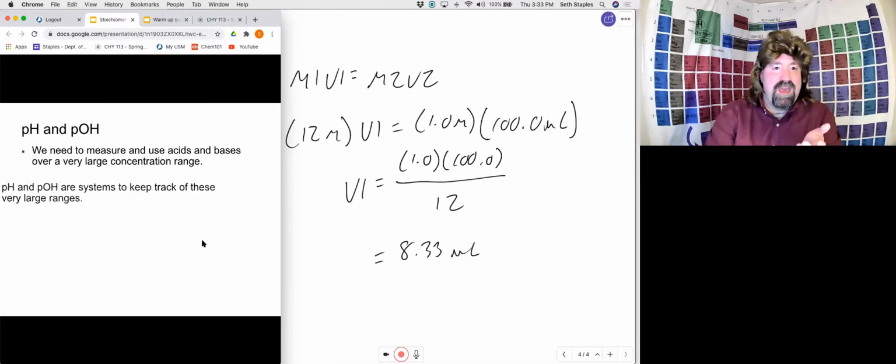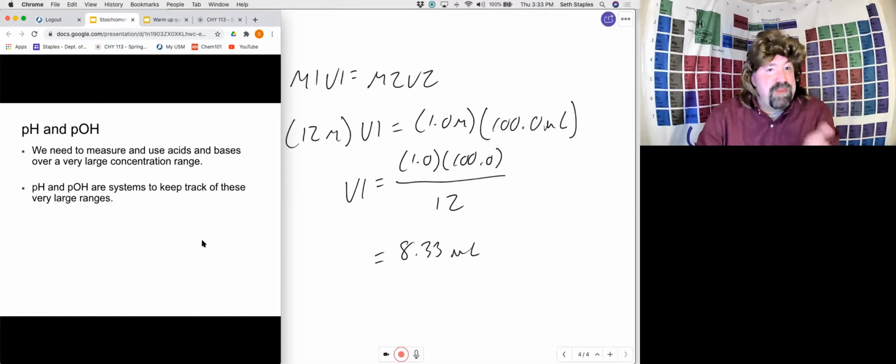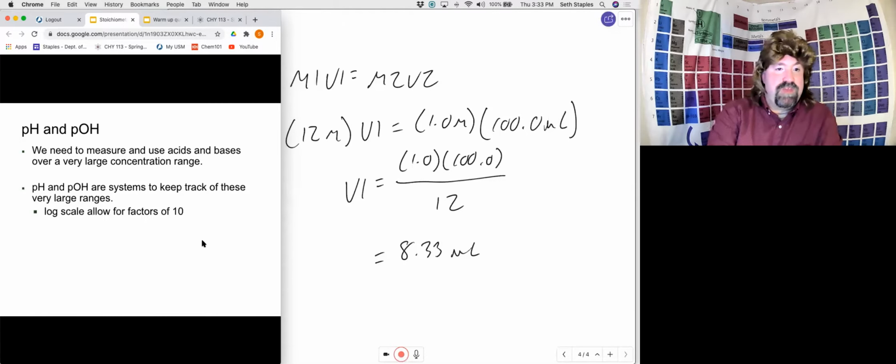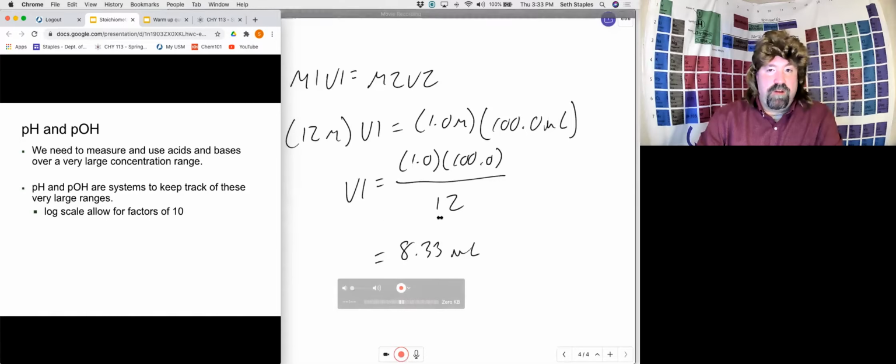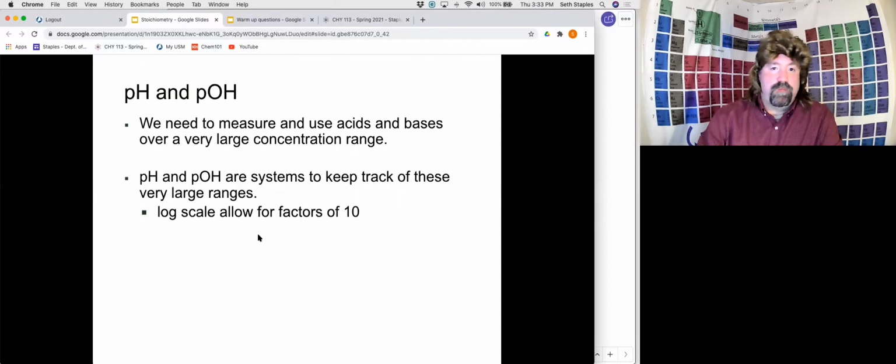That convenient way is the pH scale and pOH, for those of you that haven't heard about that. pH and pOH give us a convenient way to keep track of those incredibly large ranges. We do that by using a log scale, which allows for factors of 10.